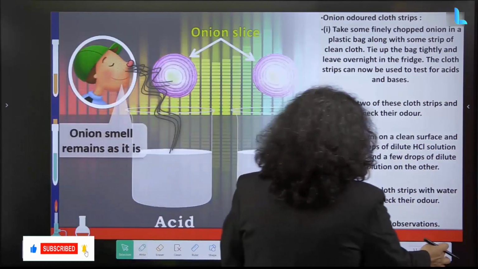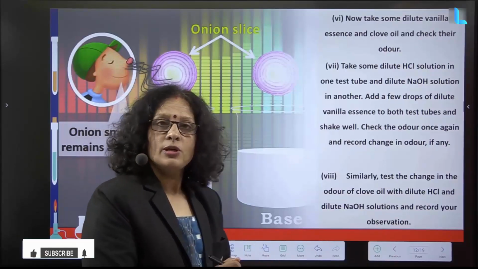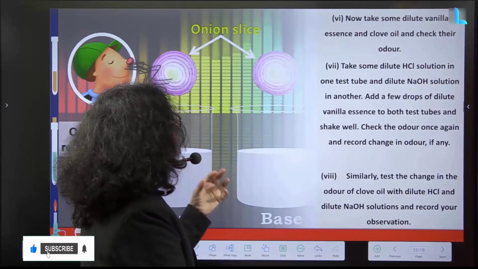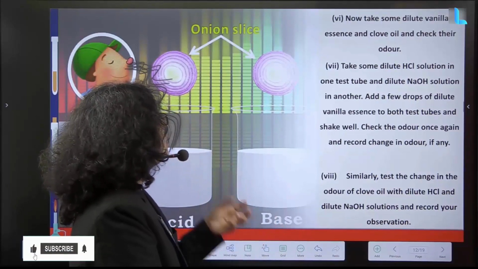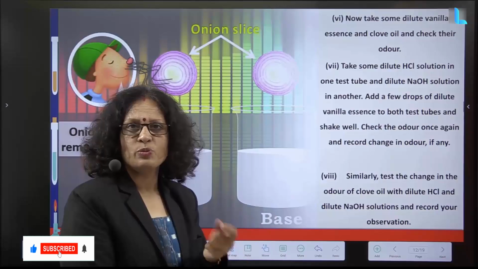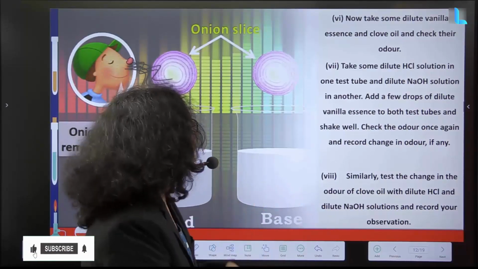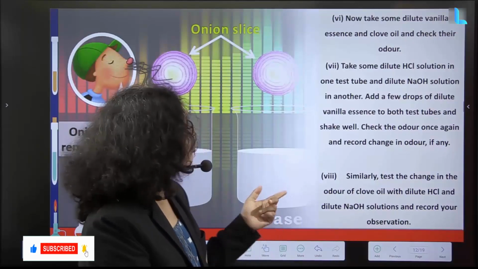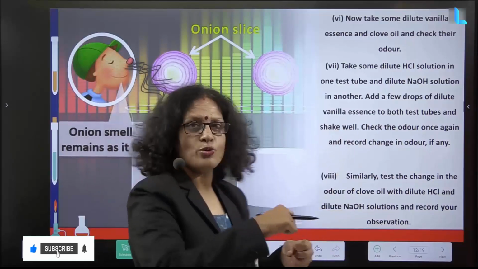So what we can observe is that it gives a specific odor more with the acidic medium. Now take some dilute vanilla essence and clove oil and check their odor. Clove oil also has a specific strong smell of clove. Take some dilute HCl solution in one test tube and NaOH solution in another. Add a few drops of vanilla essence to both test tubes.